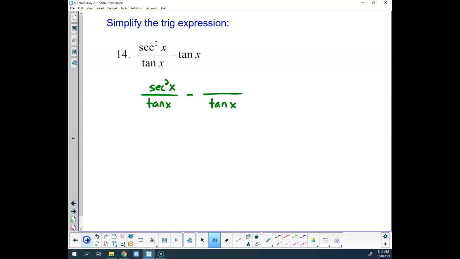Second fraction. Do we need to add anything? Becomes a square root. In this case, we're subtracting the top.